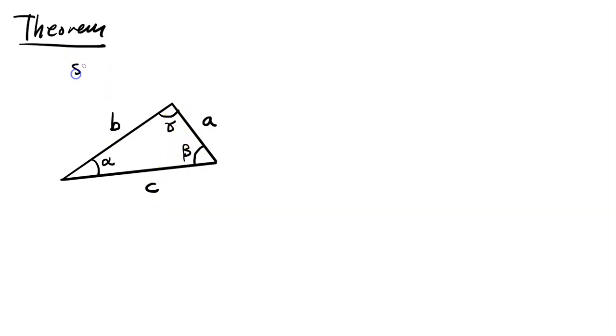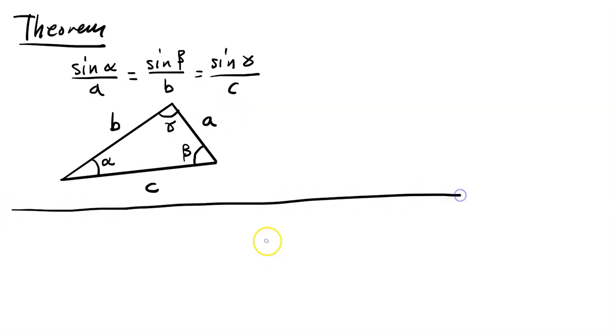Then the theorem says that sine of alpha divided by A is the same quotient as sine of beta divided by B, and also the same as sine of gamma divided by C. So all of these three numbers are equal. That's the content of this theorem.